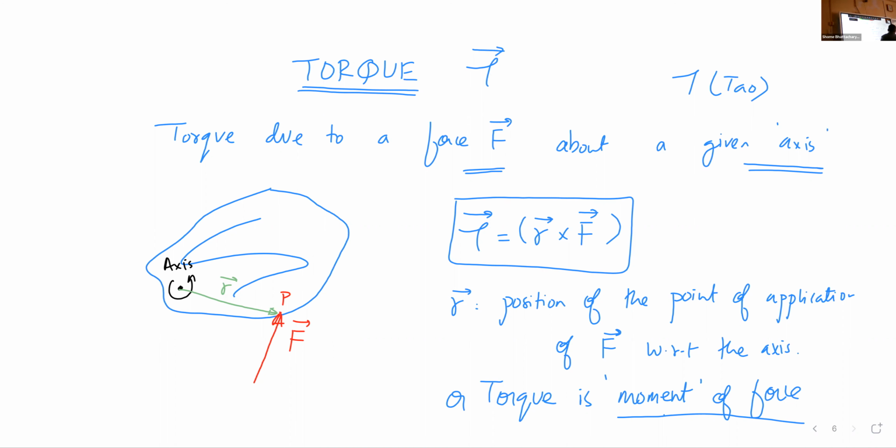Okay, so now let's understand this in further detail, if we look at the magnitude of R cross F, where theta is the angle between these two.